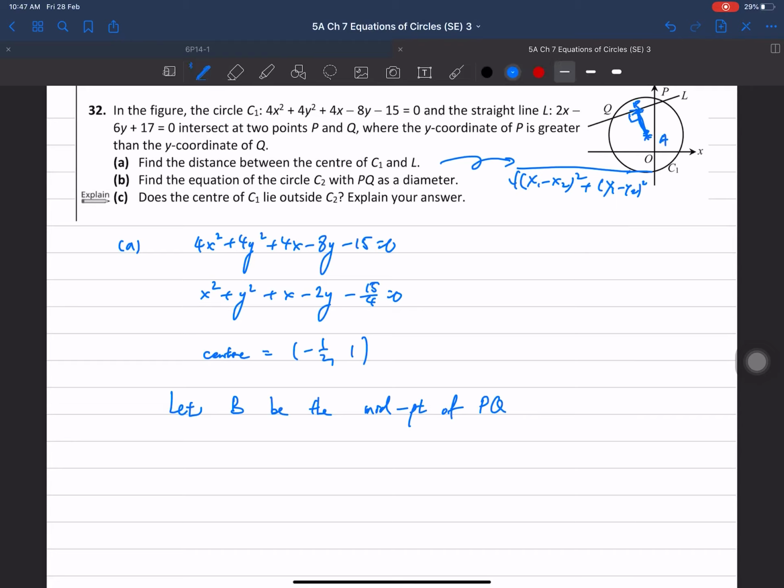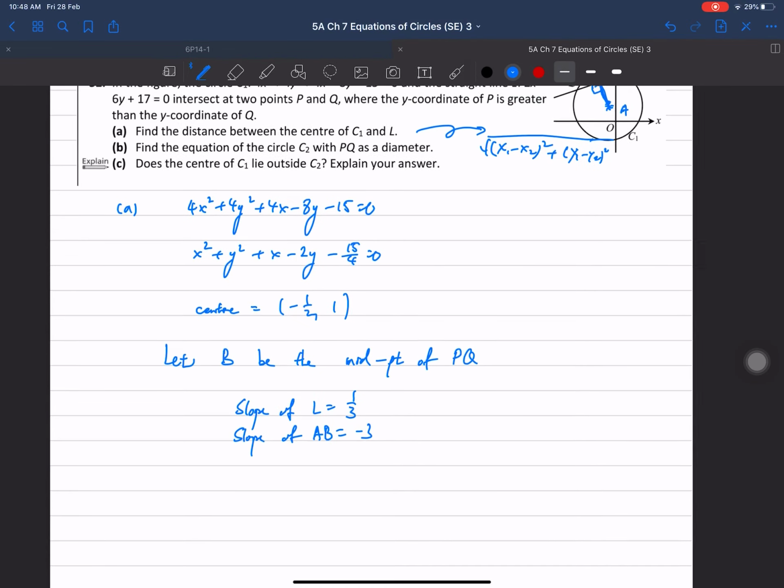First of all, you need to find the slope of L. The slope of L, making y the subject, is equal to 1 over 3. So the slope of AB is equal to -3.